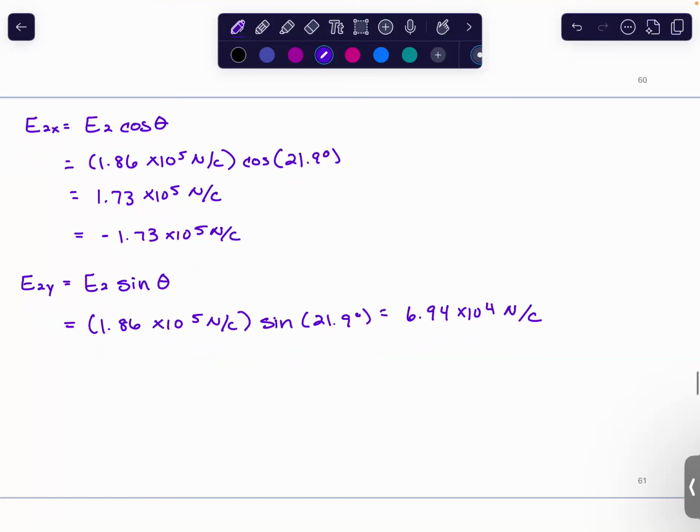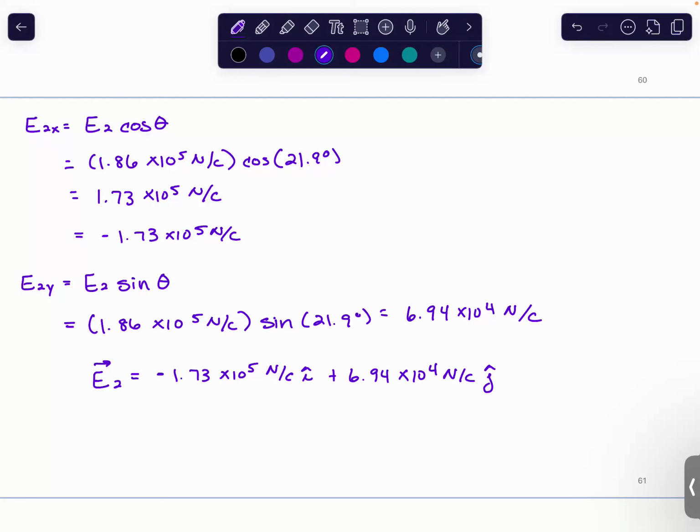So now we want to write this in our favorite way ever. Because we have to have two vectors in order to add these together.